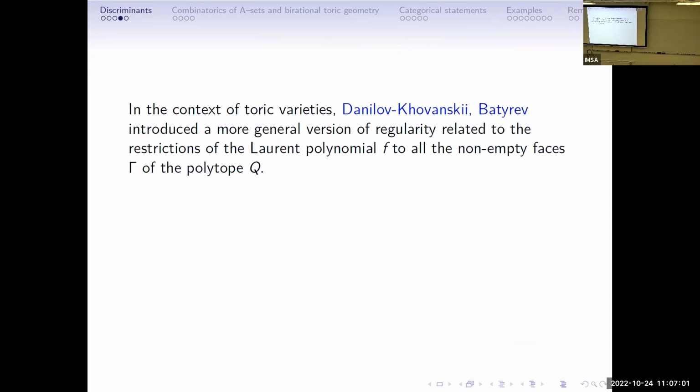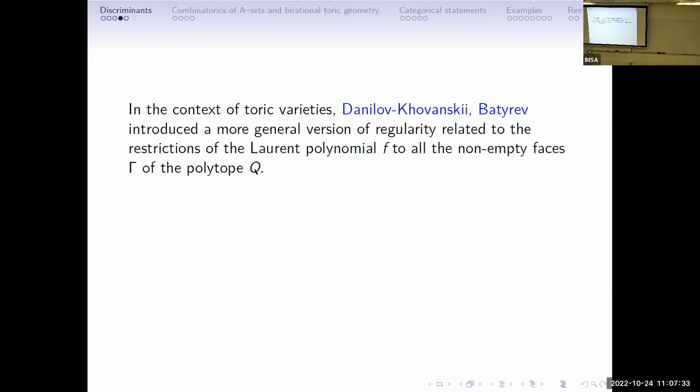What happened a bit before the Gelfand-Kapranov-Zelevinsky story, in the work of Danilov and Khovanskii, this was certainly before that, and then Batyrev used this in his paper on mixed Hodge structures on toric varieties, is that it looks like a very useful idea to consider a more general notion of regularity.